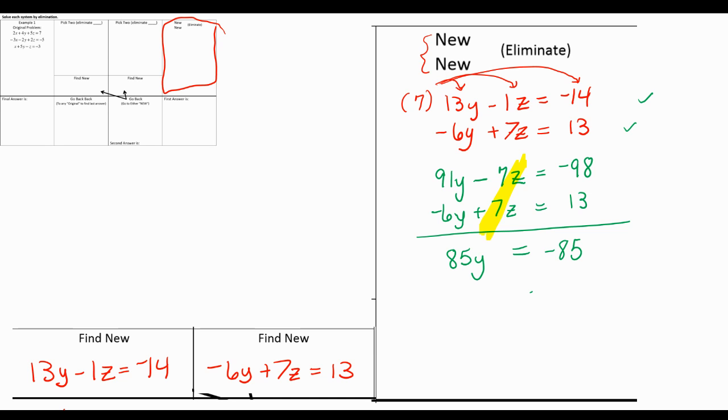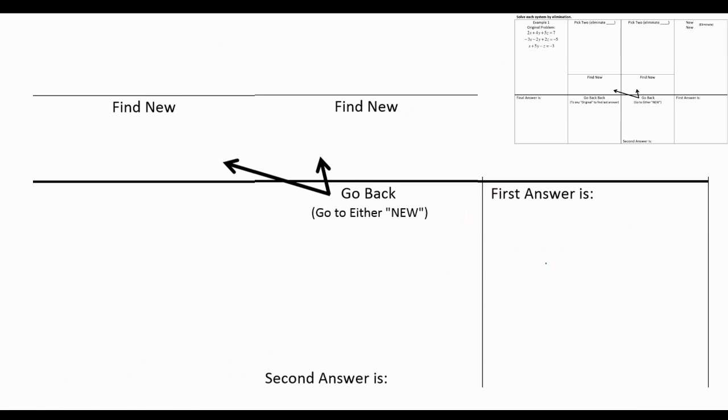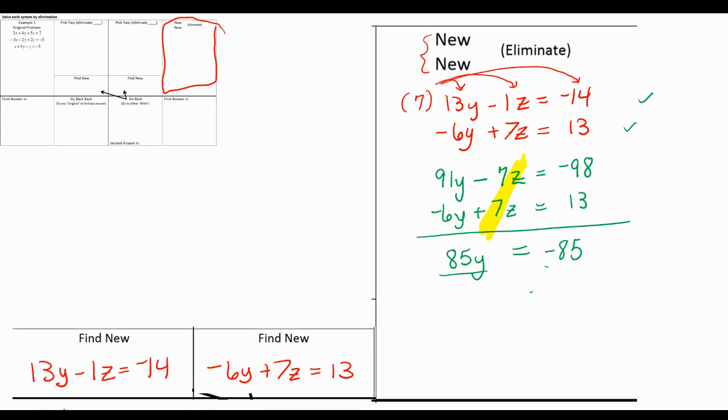We divide through by 85, and we have our answer for y. Negative 85 divided by 85 is negative 1. So our first answer right here in this bottom box is going to be y equals negative 1.